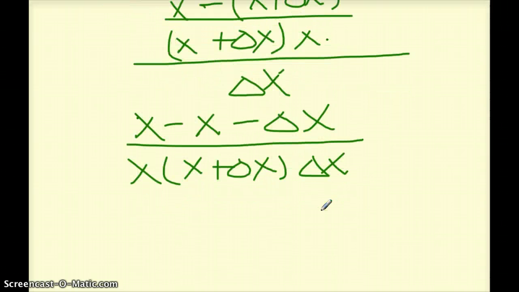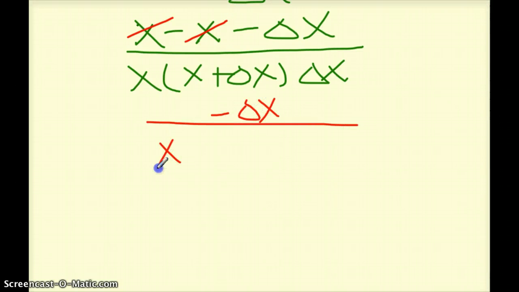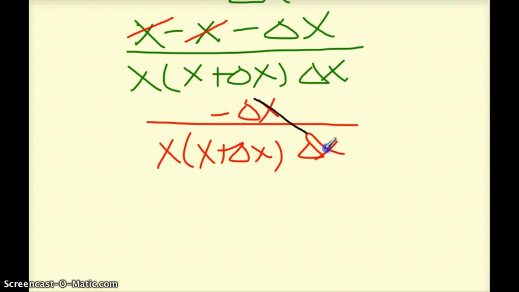So let's continue and simplify our numerator right here. This x right here is going to cancel this x, and what I have left is negative delta x divided by x times x plus delta x times delta x. And once again, what do you notice about this problem? Good. I can cancel these delta x's out, and that's going to give me a 1 on top.